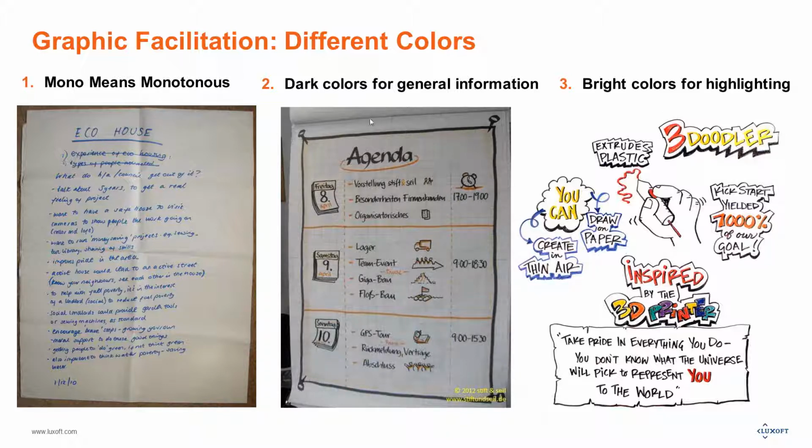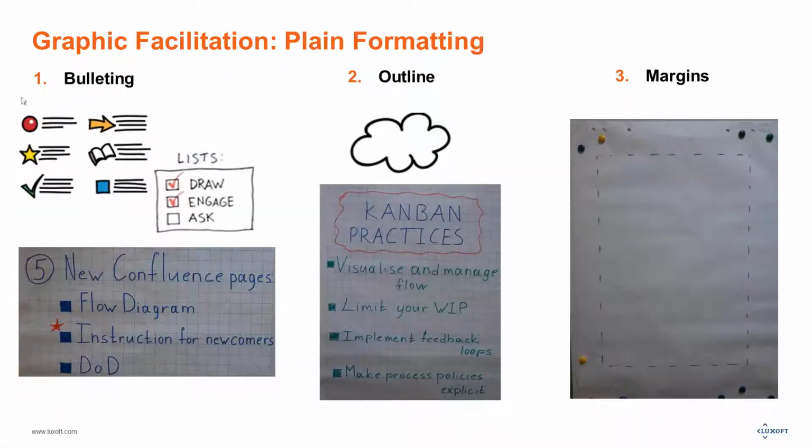Also use dark colors for general information, as it was said in the video that we have watched, and use bright colors to highlight something. Use plain formatting, use bullets, use for instance stars if you need to underline something out of the list.